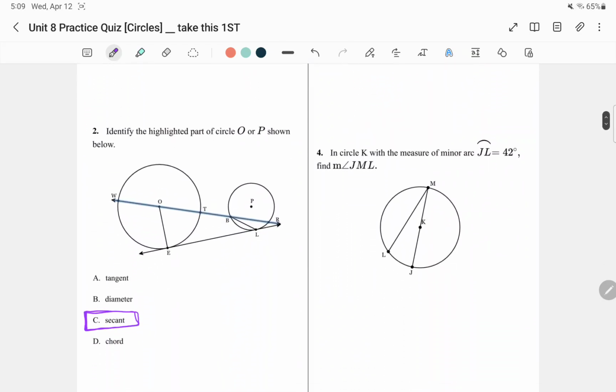Then this one is inscribed, meaning the vertex is on the edge of the circle. It's not really the outside, it's more like the edge.